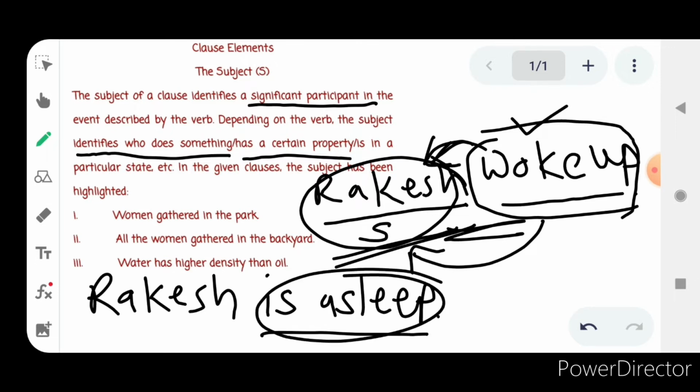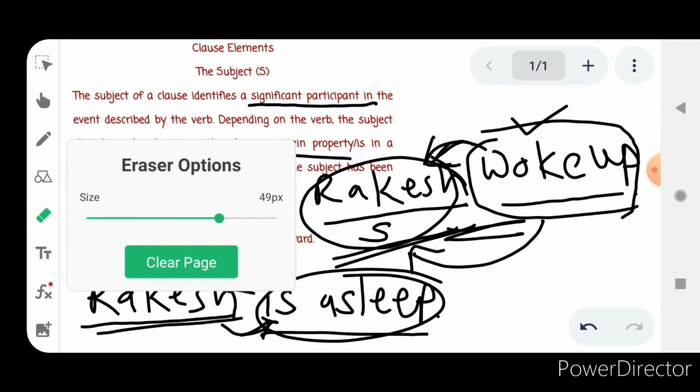So the verb describes the action, or the property or the particular state of something. That something is the subject. So there is a close relation between subject and verb. We will further understand what this relationship is.